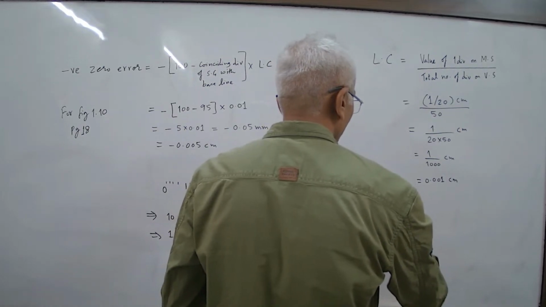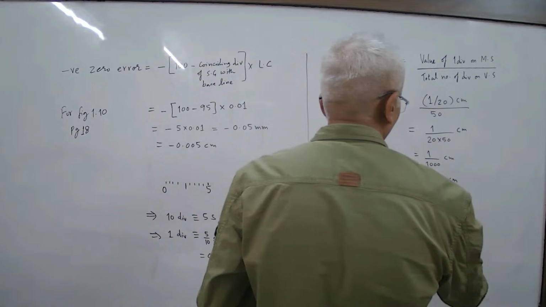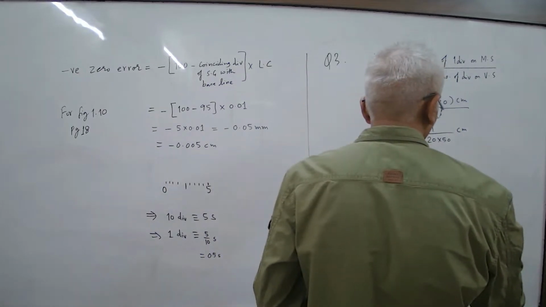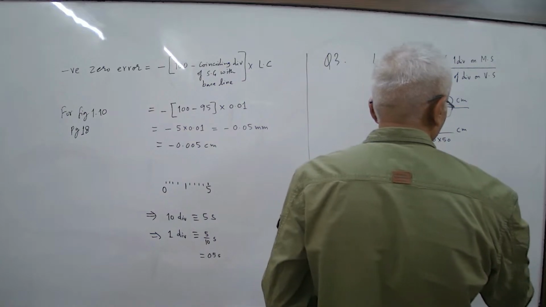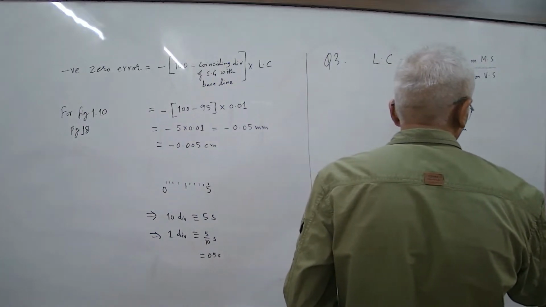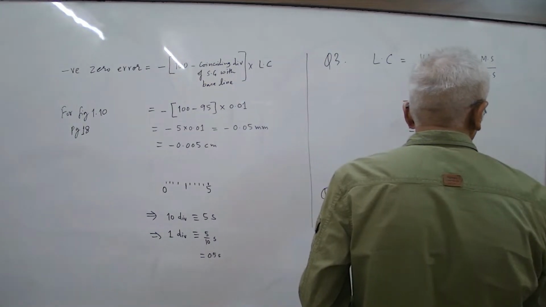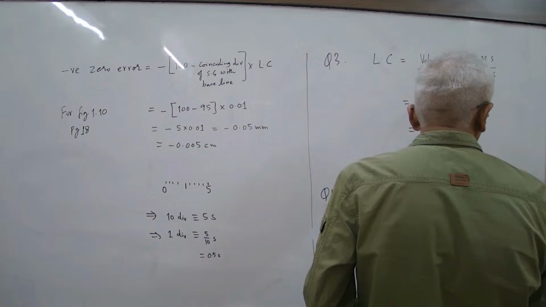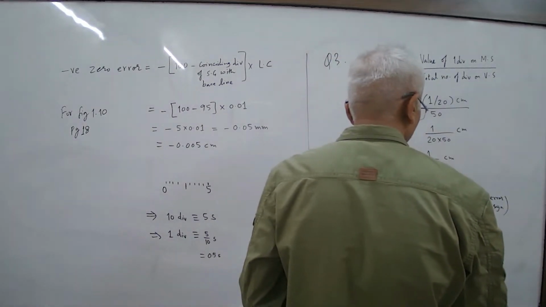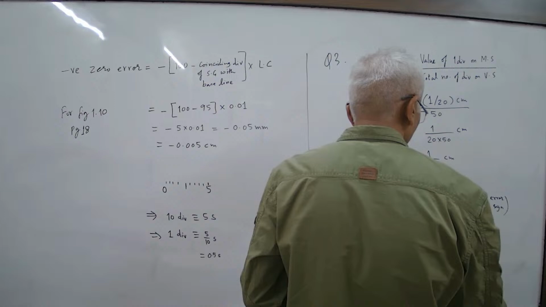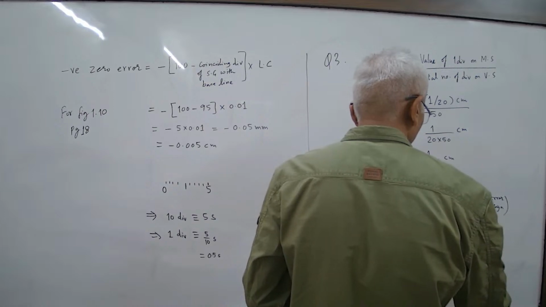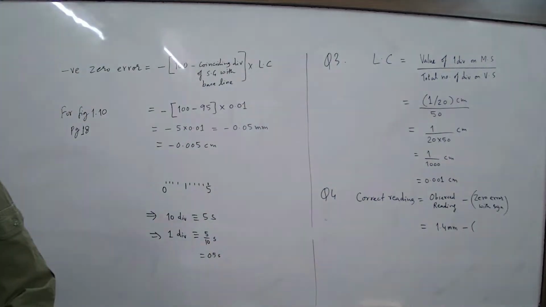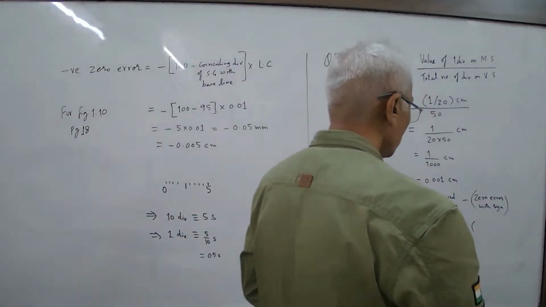Correct reading is observed reading minus zero error, zero error with sign. In this case, it is positive zero error. So what is the observed reading? 1.44 millimeter. Minus, what is the zero error? 0.02 centimeter.